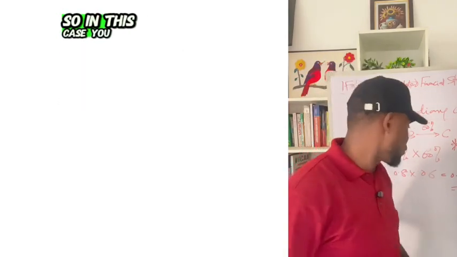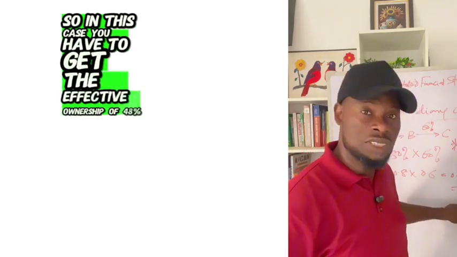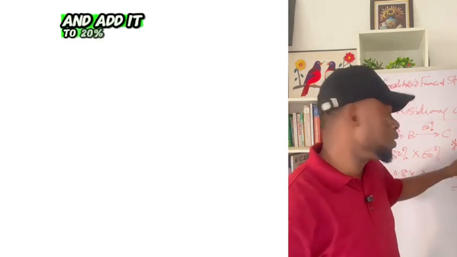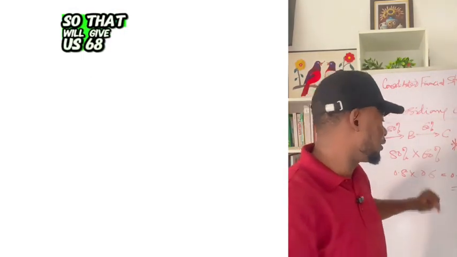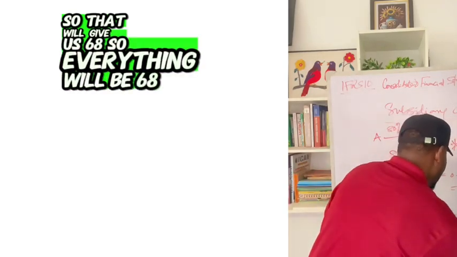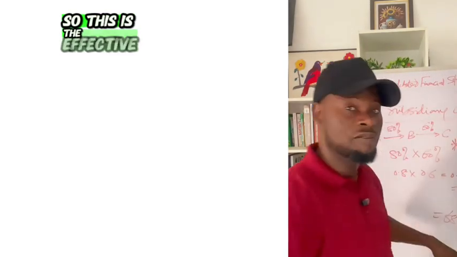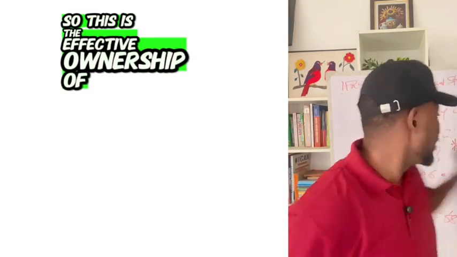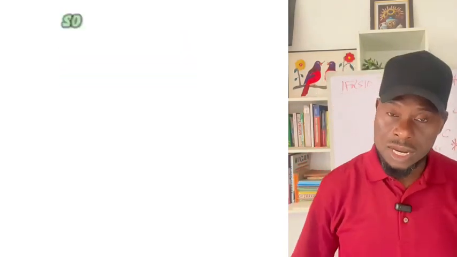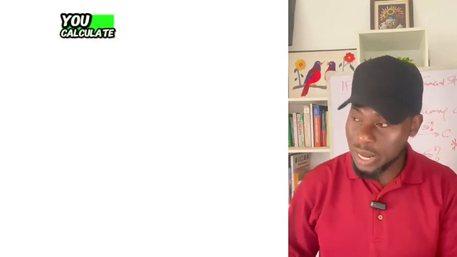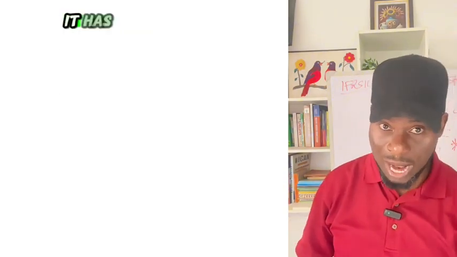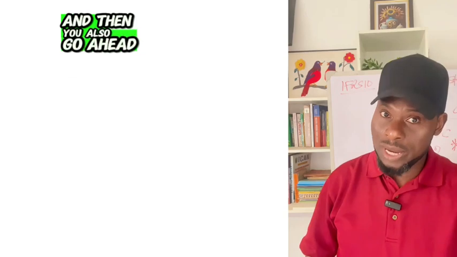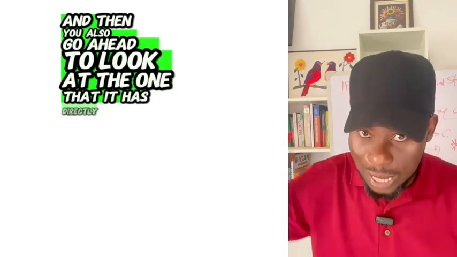So in this case, you have to get the effective ownership of 48% and add it to the 20% that it directly has. So that will give us 68%. So everything will be 68%. So this is the effective ownership of A in C. So the first one, you calculate the indirect relationship to get the effective ownership it has. And then you also go ahead to look at the one that it has directly.